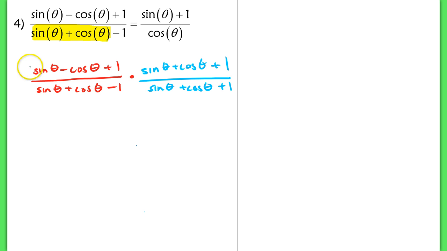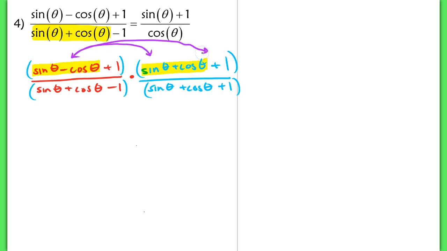Now, in the numerator, I kind of have a huge foiling thing here to do, but I can make it a little bit easier on myself if I, again, group these two terms together, so that when I FOIL, I treat this as one term times this term. So we do our first, I always forget outer. Outer's next, so this term times this term over here, and then our inner terms, and then our last terms.